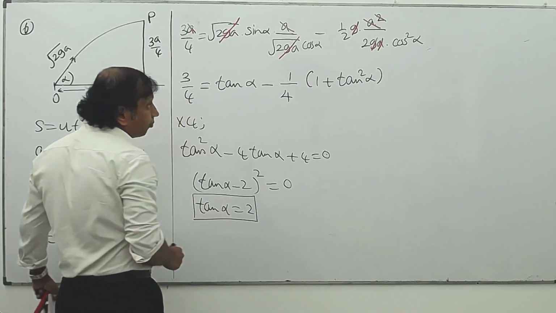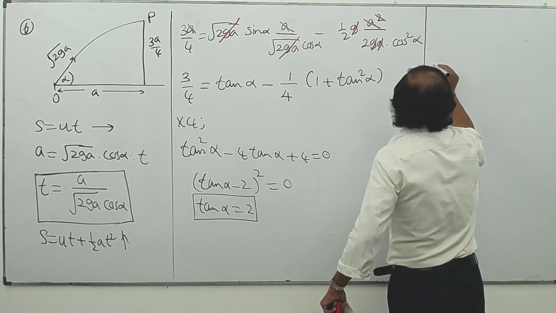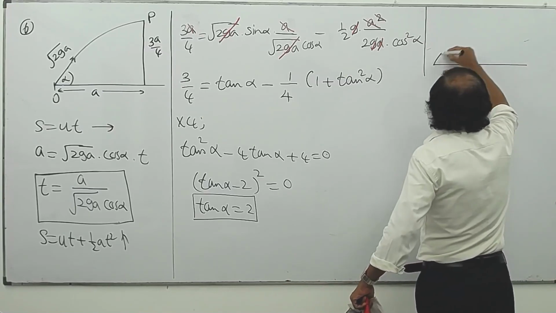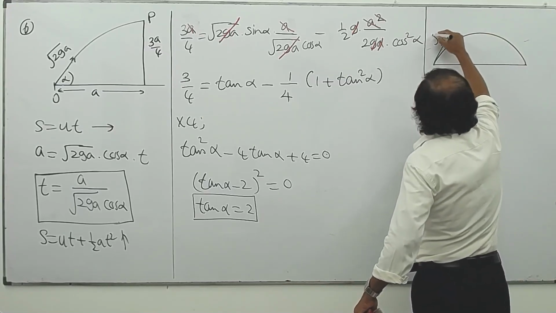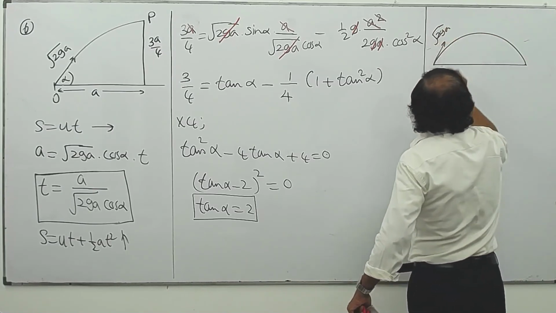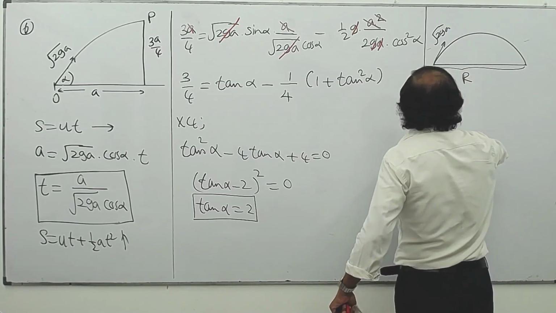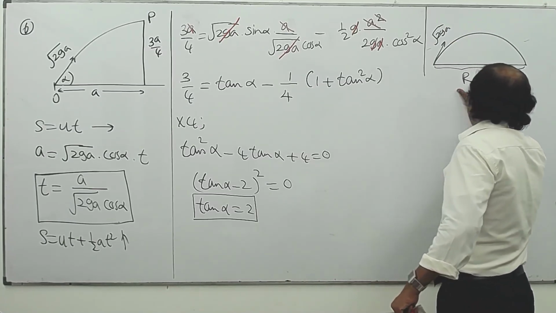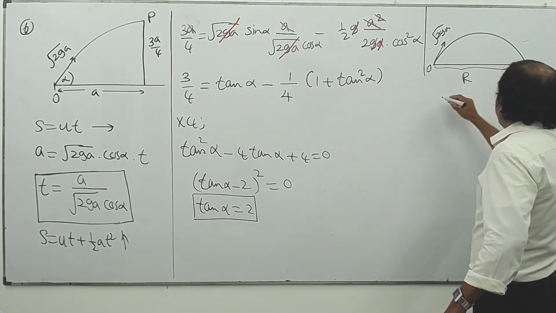Horizontal range you can take like this. I draw that projectile here. This is a projectile moving with root 2 ga. This length only we need to find. Suppose R. I can find this R. How? I will take this as OQ.